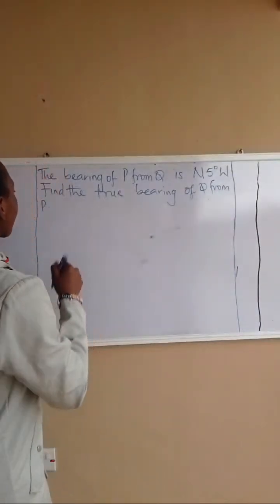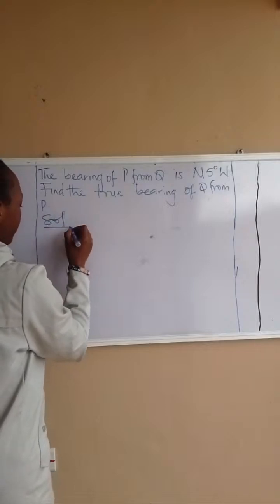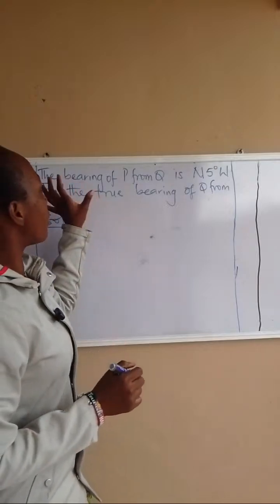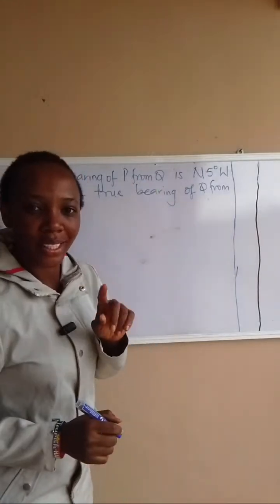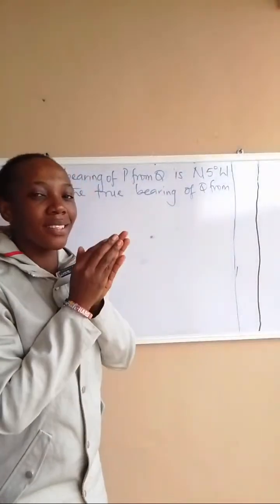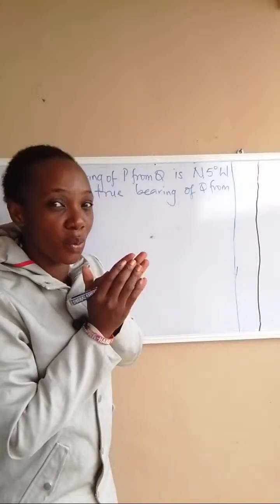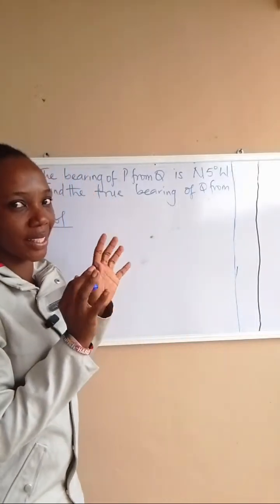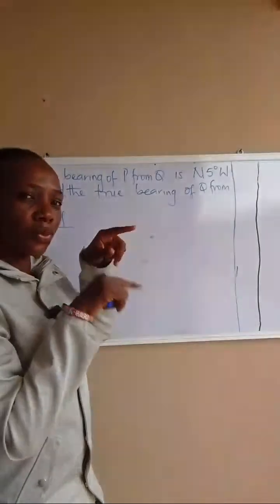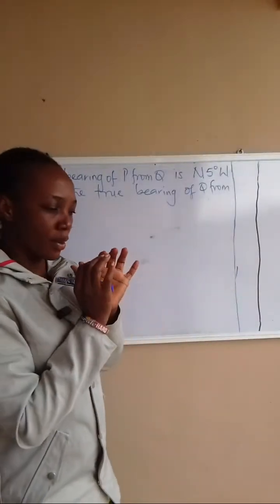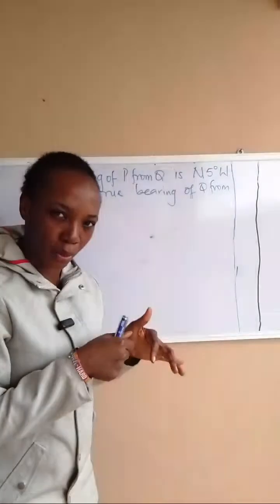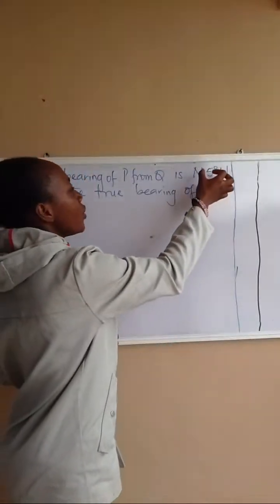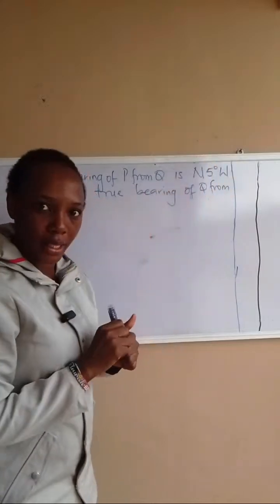Okay, so let's go on. Solution. The bearing of P from Q. One thing you need to understand is to settle down and read the question over and over again to get what it's saying. We are to first get the bearing of P from Q, and they said 5 degrees west.